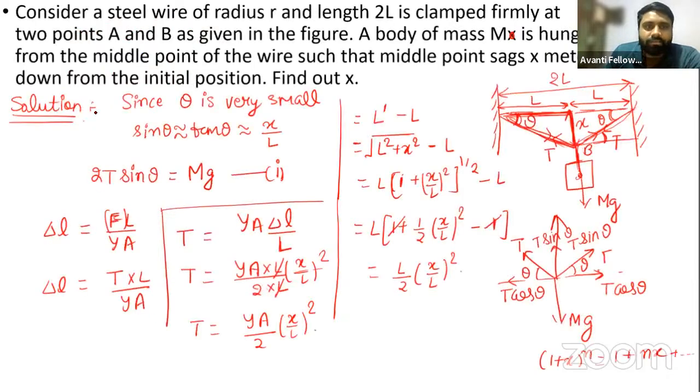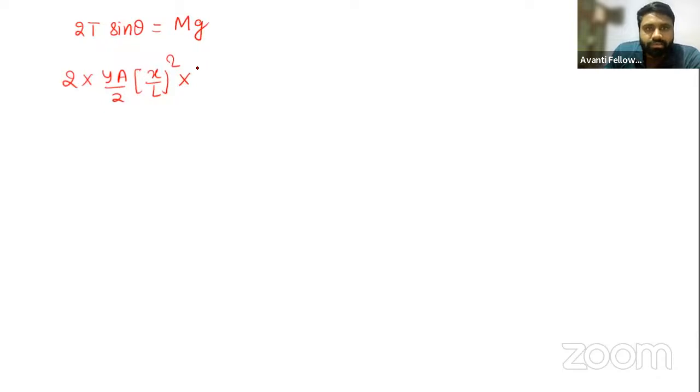Sin theta we have approximated as tan theta and it has a value of x by L. So again, it is x by L, equal to capital M into G. Now this 2 and 2 will also cancel out. So it will become YA x cube divided by L cube is equal to mg.